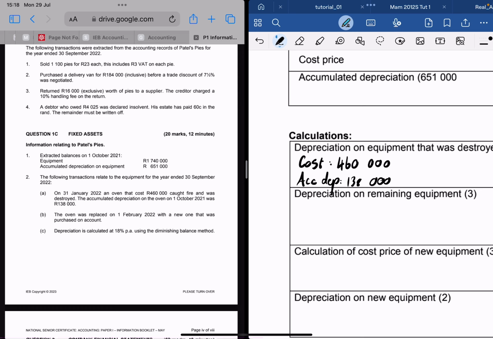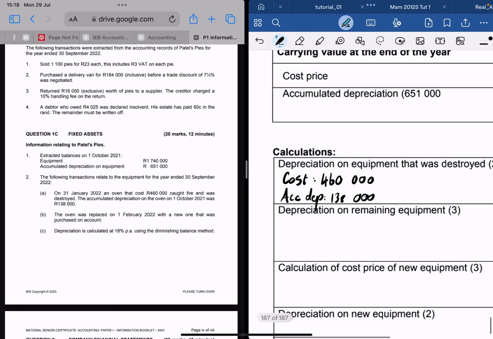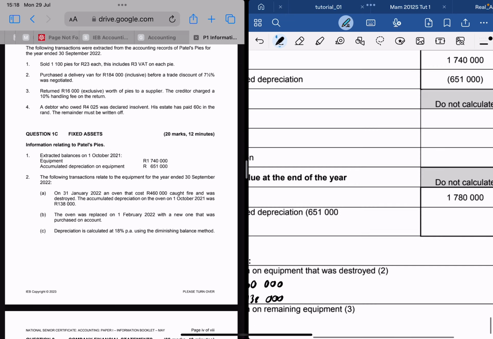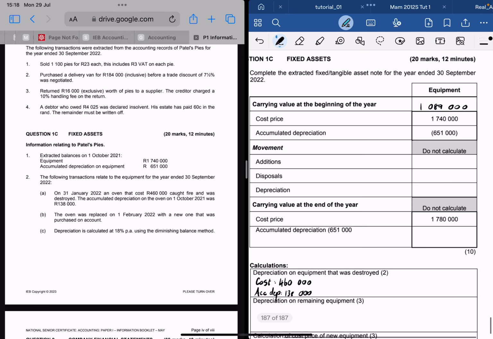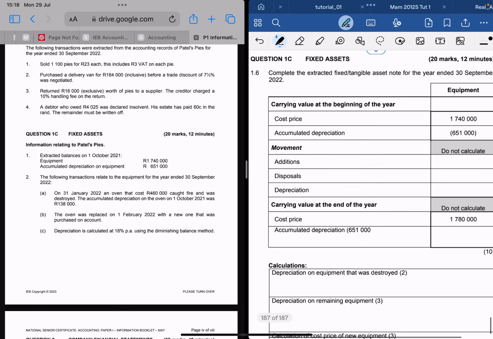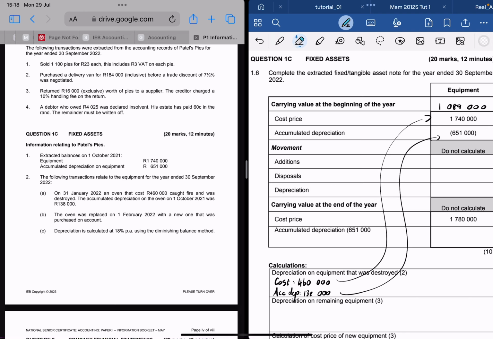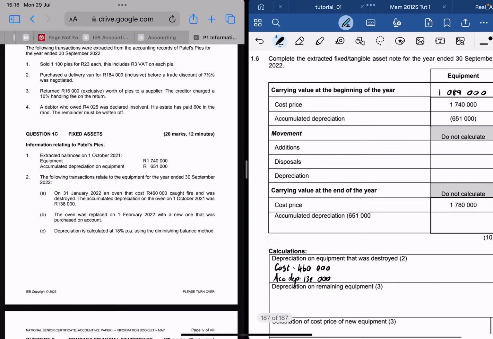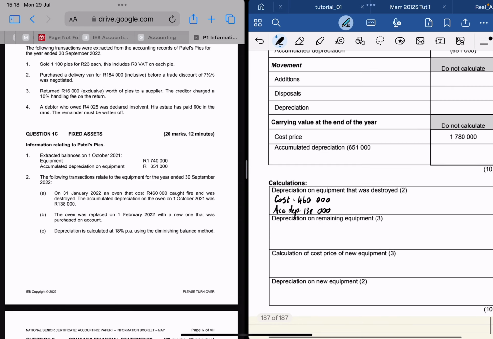Now just be careful: this 138 and this 460,000 are only one of the pieces of equipment we have. We come here and see it's 1.74 million. So it's only a part of the accumulated depreciation and only a part of the cost over there. Cool. Now, the first question says depreciation on equipment that was destroyed.